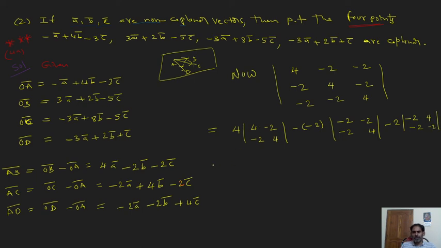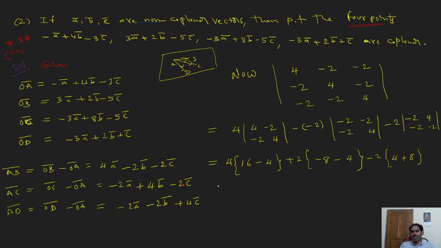Expand this 2 by 2 determinant now. 4 into AD minus BC: 4 fours are 16, minus 2 into minus 2, 4 gives minus 8. Then minus 2 into AD minus BC: minus 2 into minus 2, 4, minus 8, that is plus 8.